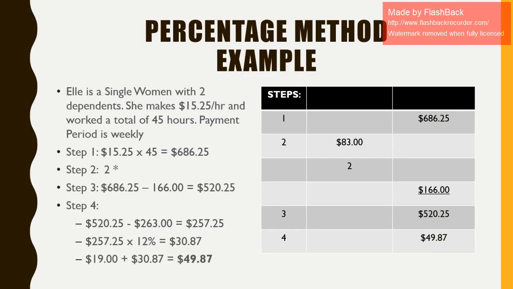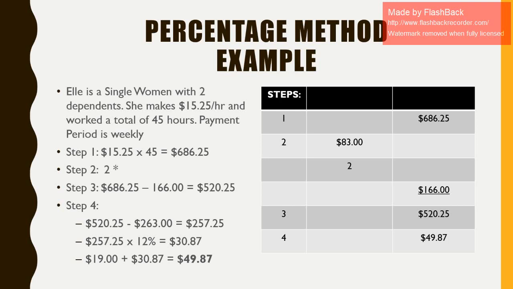Okay, so let's go ahead and review it here. Again, we are going to take the $520.25 and subtract the $263, which gives us a total of $257.25. We're going to take that $257 and multiply it by the 12%.